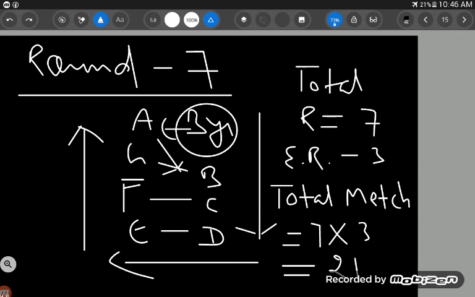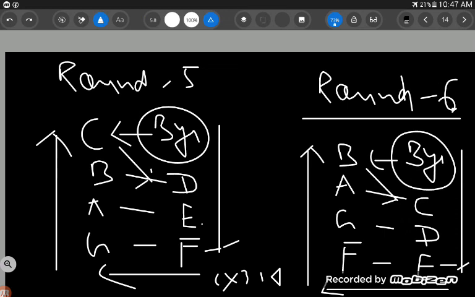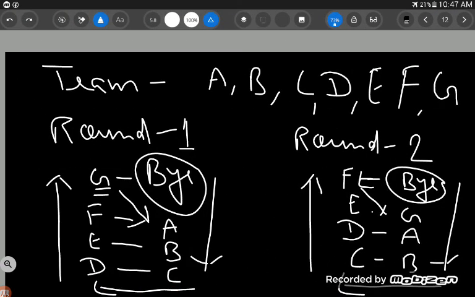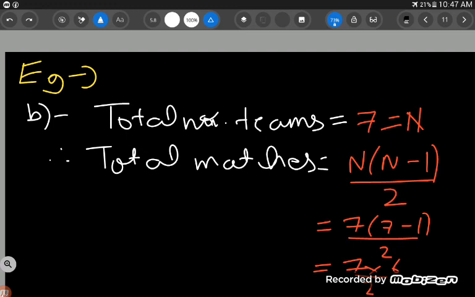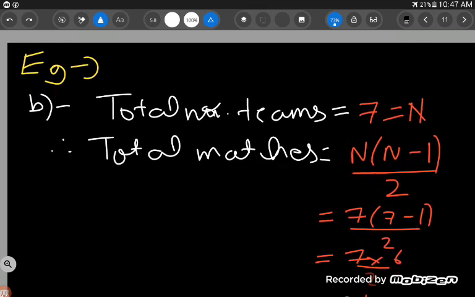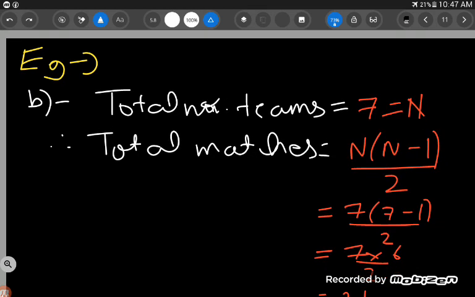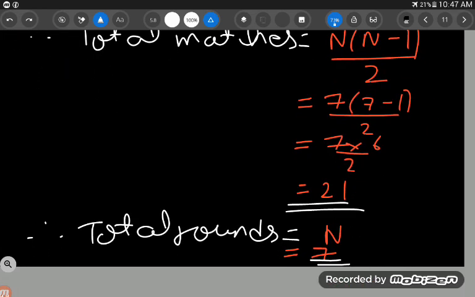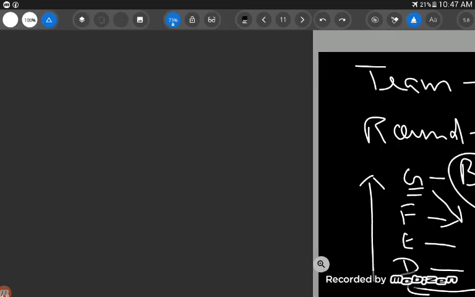So I am going to the last page where you had started to draw the first round match and calculation. Total number of teams is equal to 7. Total number of matches is equal to 21. Number of rounds is equal to 7. So one time we will count here.